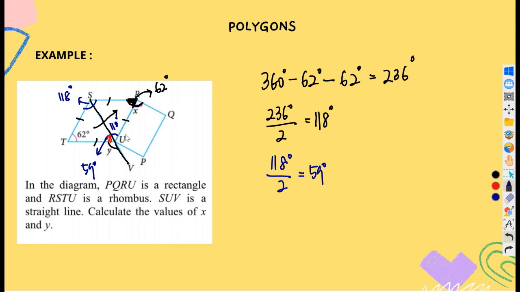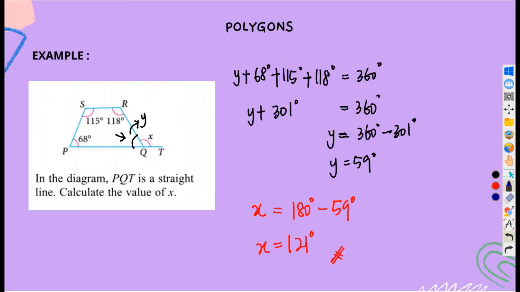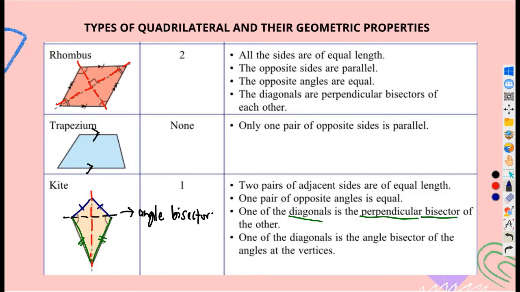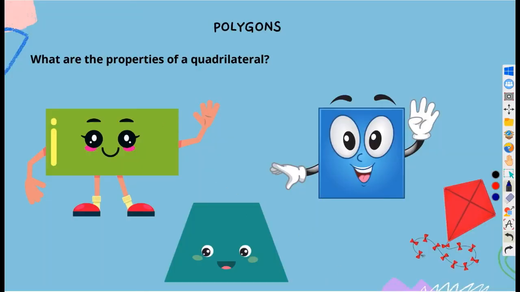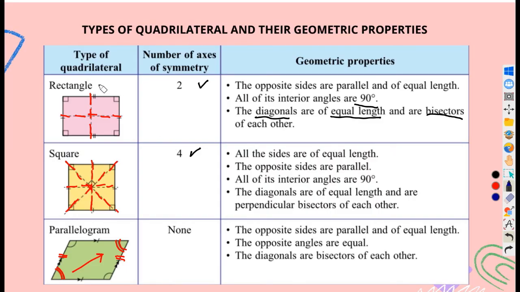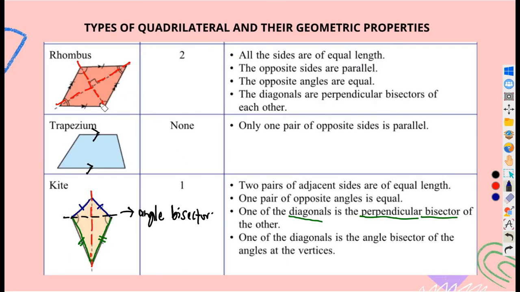Now we can find the angles at X and Y here. For the rectangle, we go back again, referring to the types of angles here. For the rectangle, as you can see, all interior angles are 90 degrees. So every vertex here is 90 degrees. And for the rhombus, why am I dividing by 2?